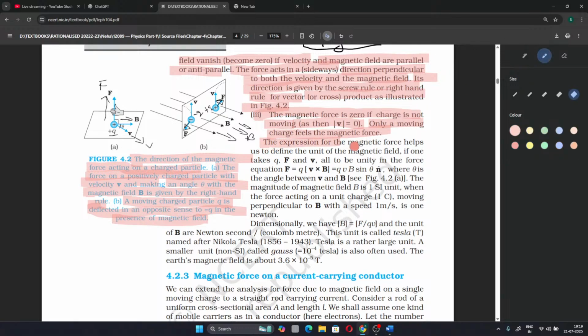The expression for magnetic force helps us to define a unit of magnetic field. This expression, QVB sine theta, helps us define the unit of the magnetic field.